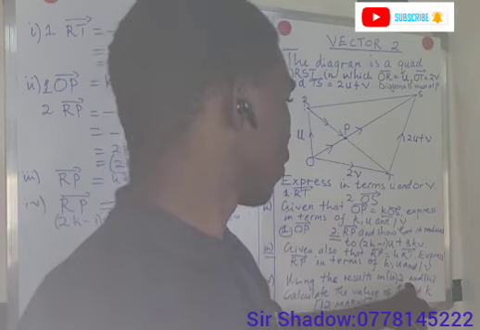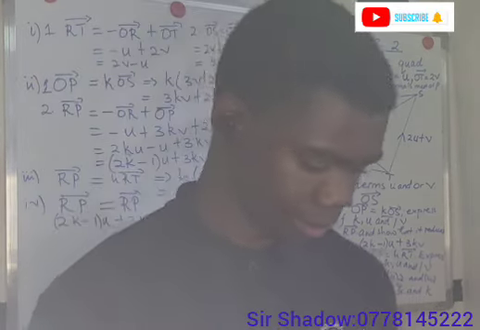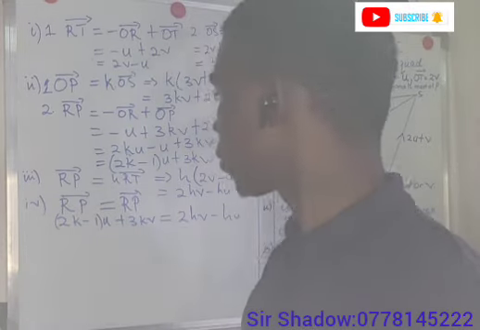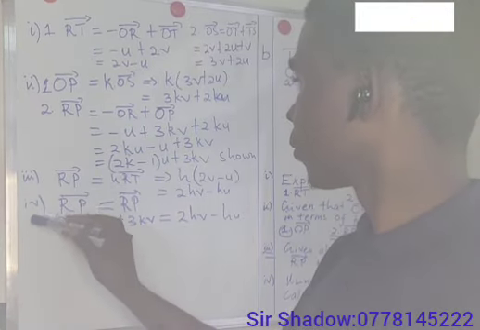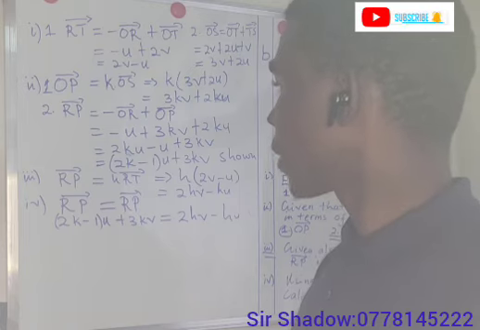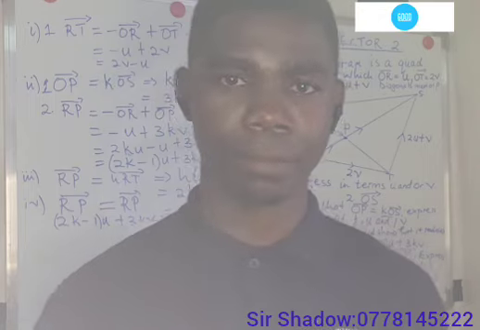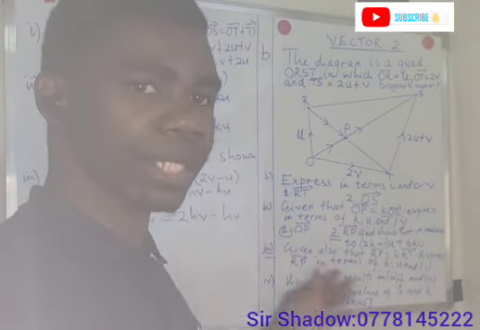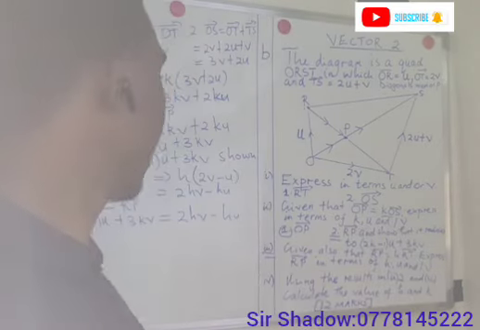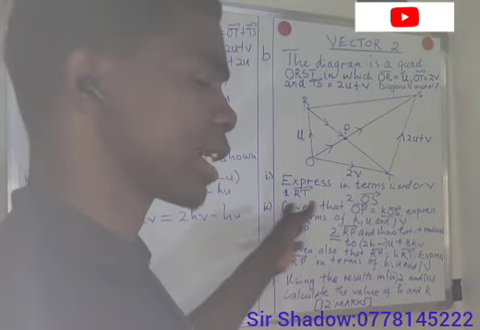RP in item 2, number 2, is equals to RP on item number 3. Write the first RP is equals to the second RP.